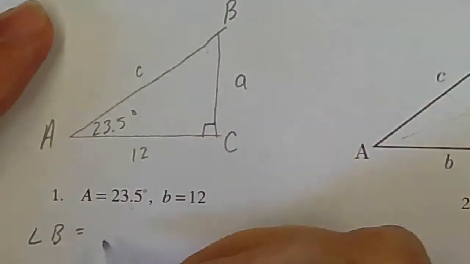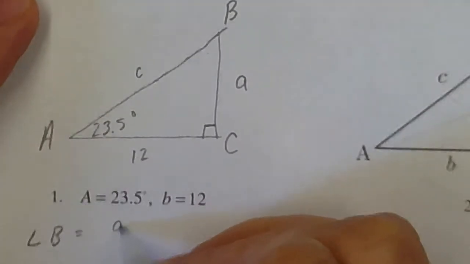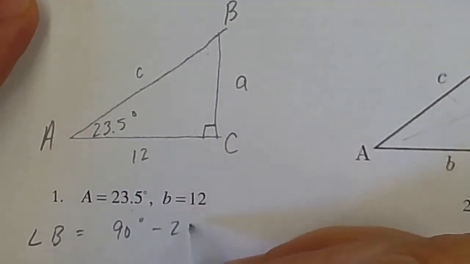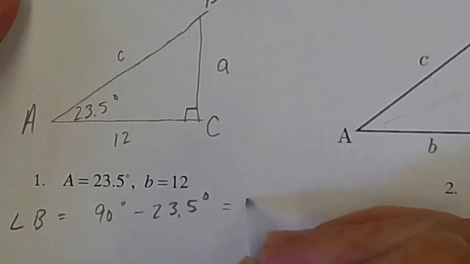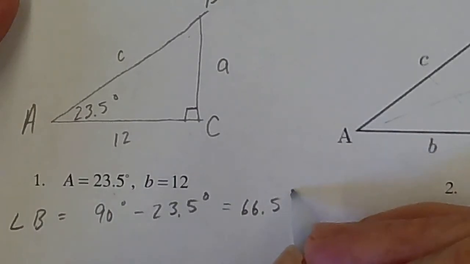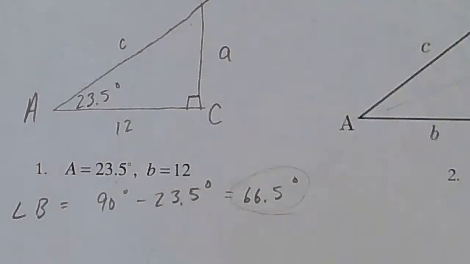So 180 minus these two, or 90, I'm going to do the more efficient shortcut, 90 minus 23.5. That gives me 66.5 degrees. I'm going to leave it in decimal form, even though the direction said nearest degree for now, because your textbook will ask you to keep it in decimals.